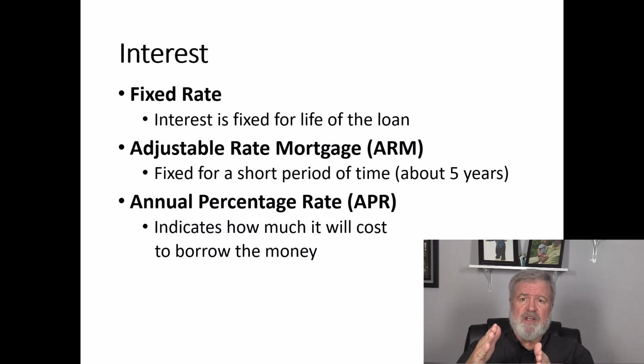But when that maturity date comes, say it's 5 years, at the end of that 5 years, now your interest rate will begin to adjust, meaning it could start going up. Potentially it could go down. But it's going to start to adjust to whatever the market rates are at that time.